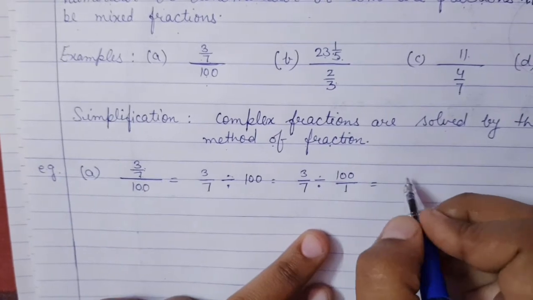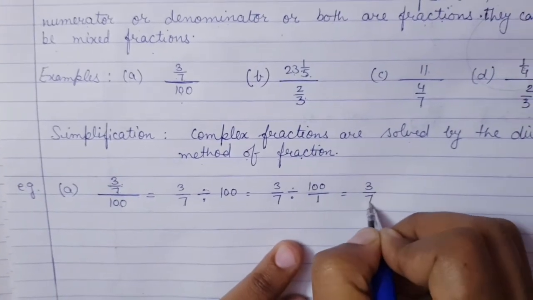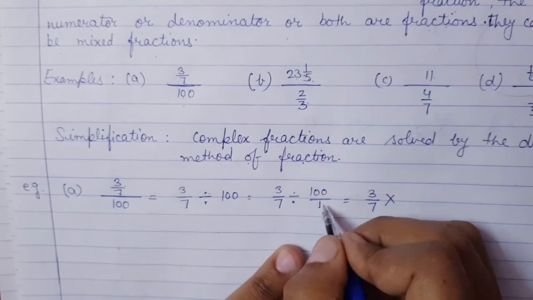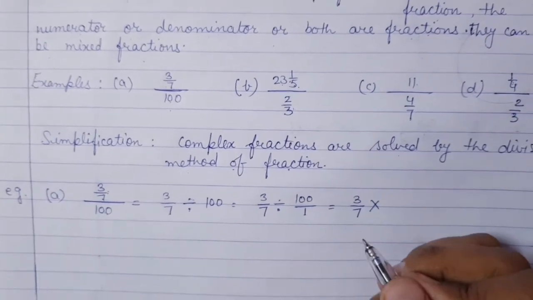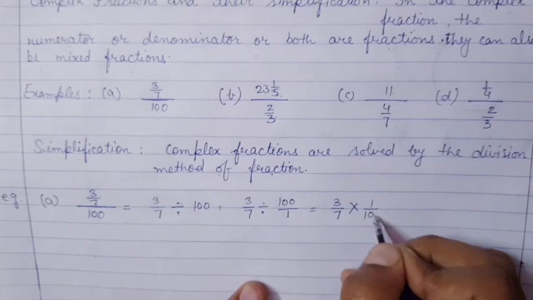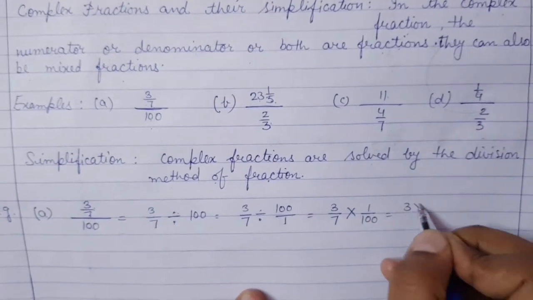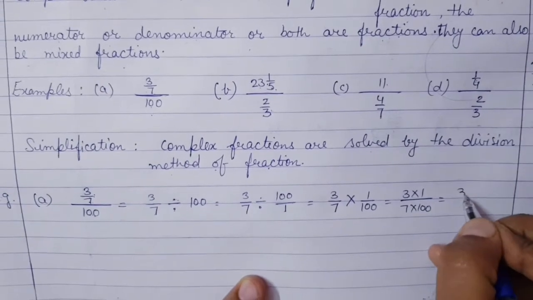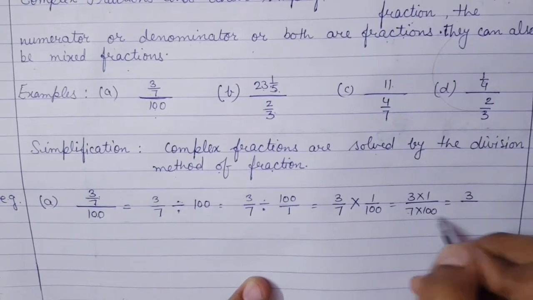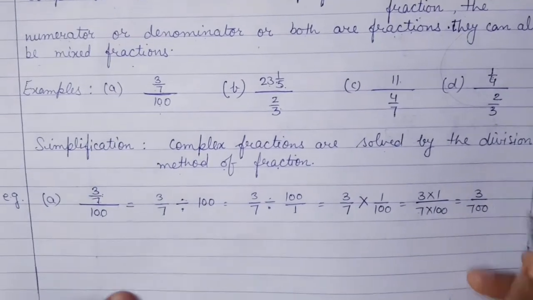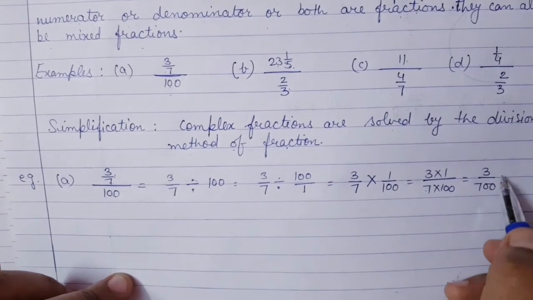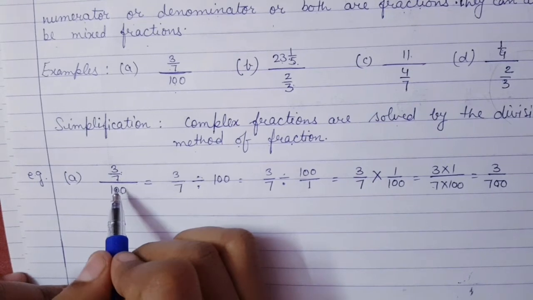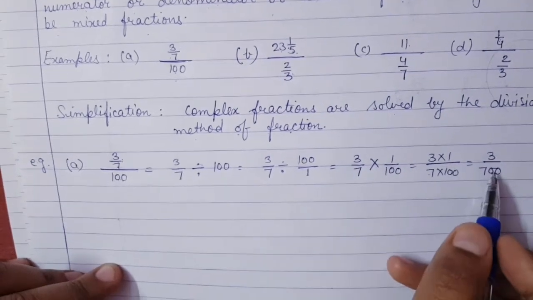Now we will solve this. 3 upon 7 will be as it is, convert division sign into multiplication sign, and 100 upon 1 will be changed to its reciprocal, that will be 1 upon 100. So 3 into 1 upon 7 into 100. So it will be 3 ones are 3 and 7 hundreds are 700. Okay, so 3 upon 700 will be the simplification for this complex fraction, or the solution or answer for this complex fraction.